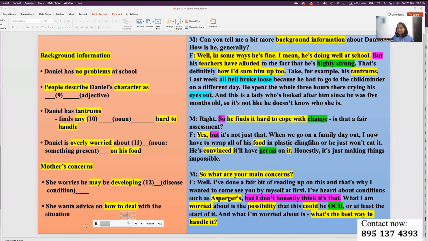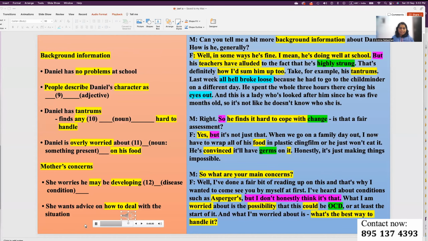He spent the whole 3 hours there crying his eyes out. And this is a lady who's looked after him since he was 5 months old, so it's not like he doesn't know who she is. Right. So he finds it hard to cope with change. Is that a fair assessment? Well, yes, but it's not just that. When we go on a family day out, I now have to wrap all of his food in plastic cling film or he just won't eat it. He's convinced it'll have germs on it. Honestly, it's just making things impossible.